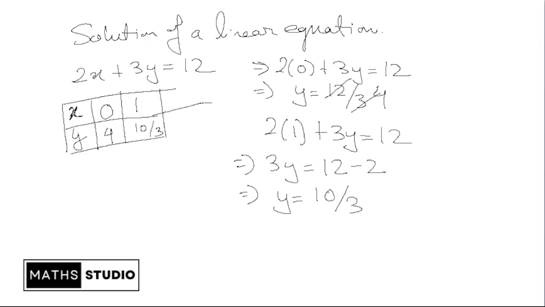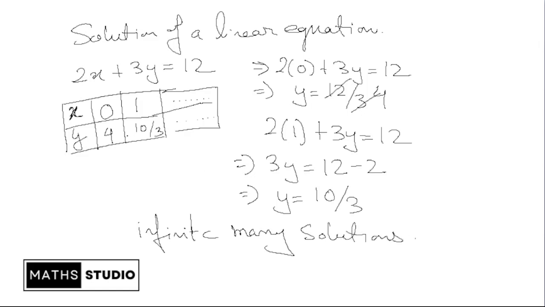So similarly, we can have many such values of x which will have corresponding values for y. Okay. So in this case, we can conclude that a linear equation in two variables has infinitely many solutions.